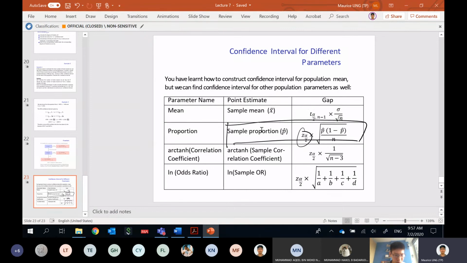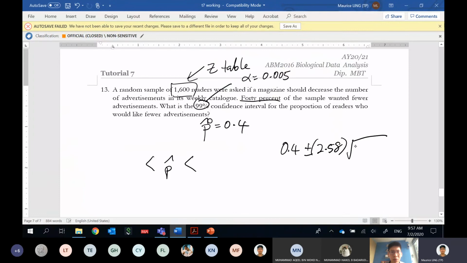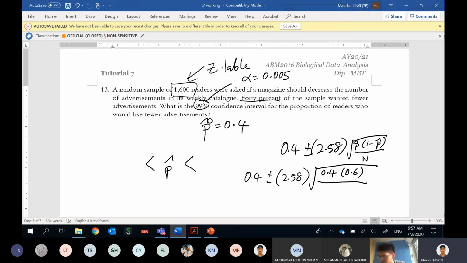So it is the square root of P times 1 minus P, divided by N. Okay, so here we end up with 0.4 plus minus 2.58 times the square root of P, which is given here as 0.4, 1 minus P is 0.6, divided by N, which is 1600.